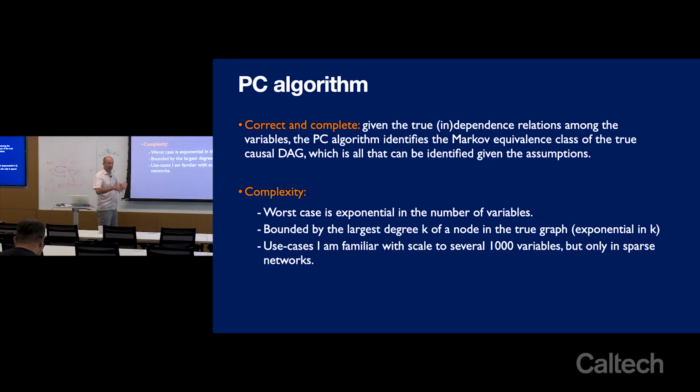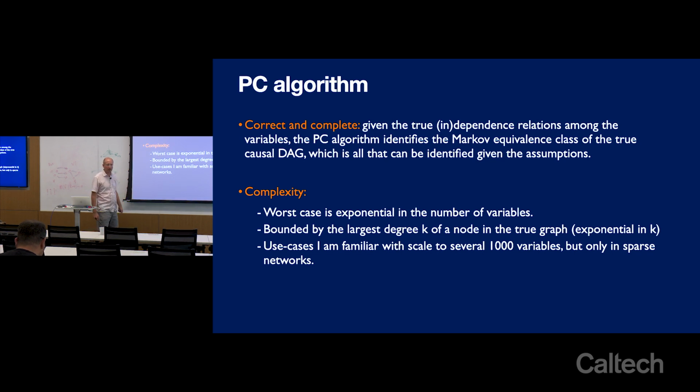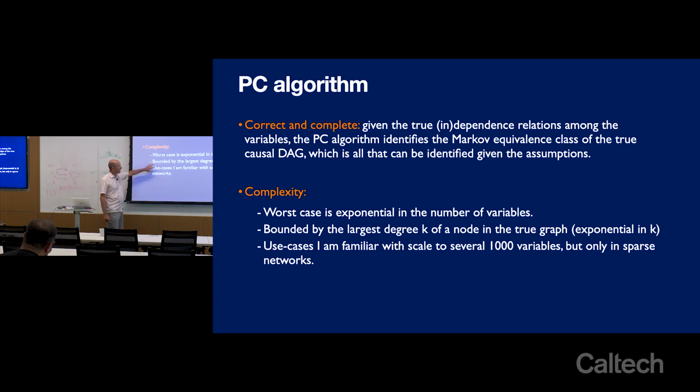In the worst case, it's exponential. If you have a complete graph, you'll be searching for the independencies forever, and you're going to have to run through all the possible tests. That's what's going to blow up. However, if your network is sparse, then the complexity is controlled by the largest degree k of any node in the graph.